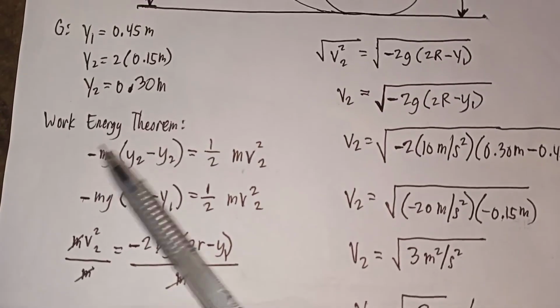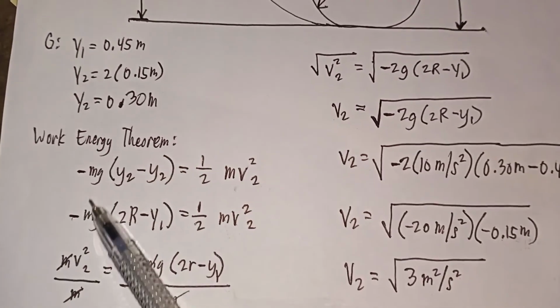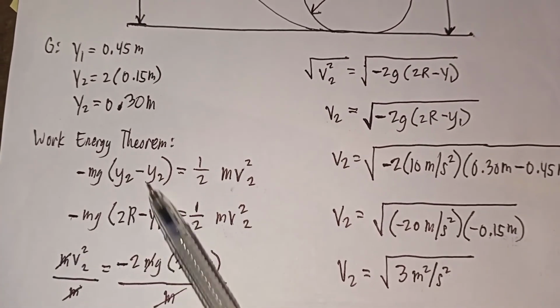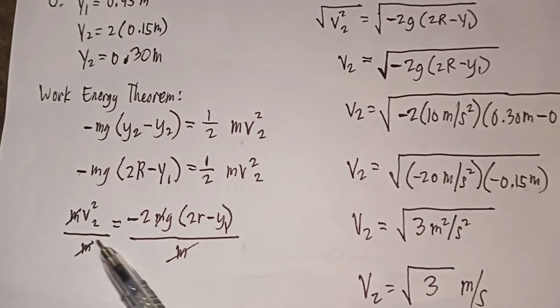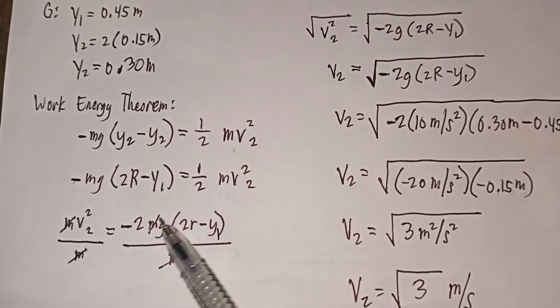And then we apply the work energy theorem. This is the formula. Substitute, then divide both sides by m to cancel.